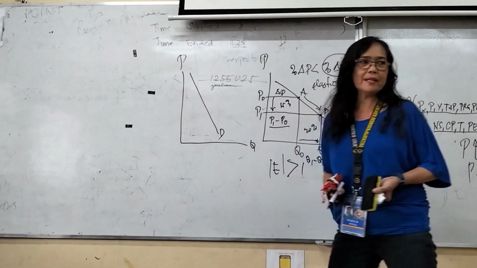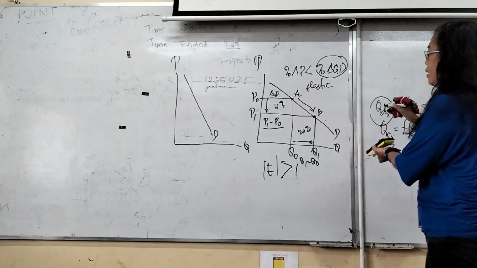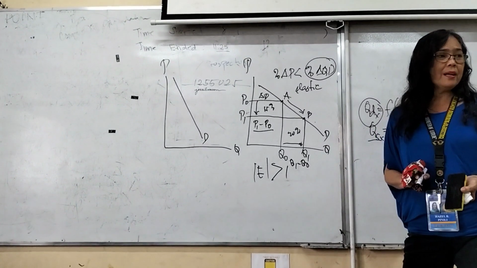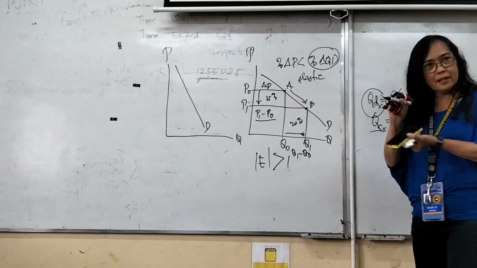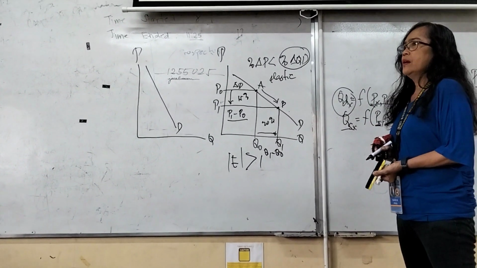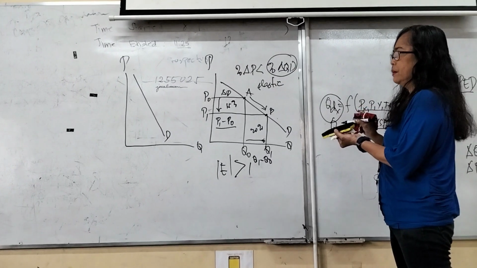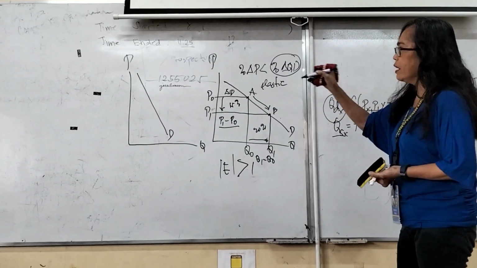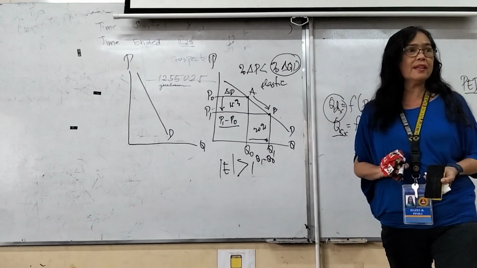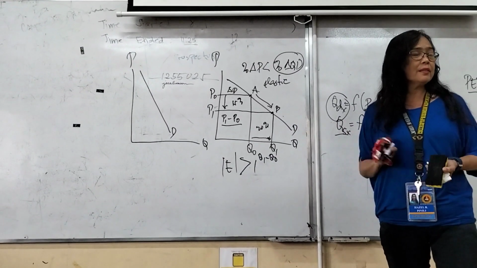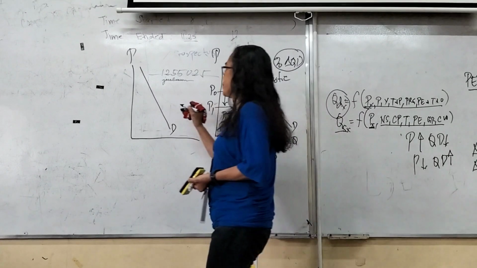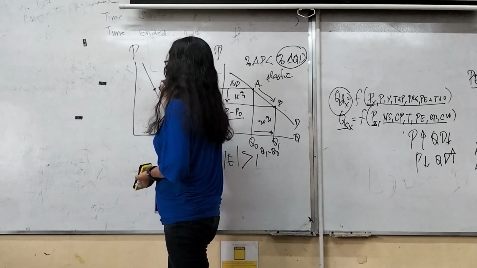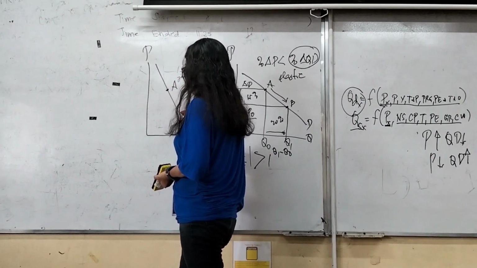This is now our demand curve. So take note, elastic demand is flatter, right? If we are going to check on our inelastic demand, the inelastic demand is steeper. Shall we say points A and B?